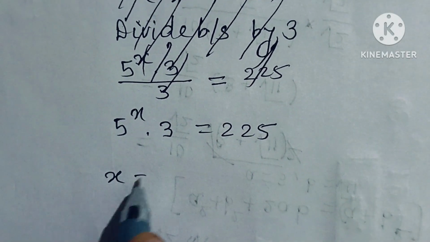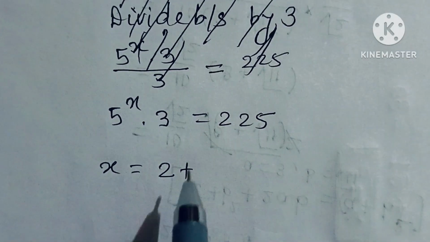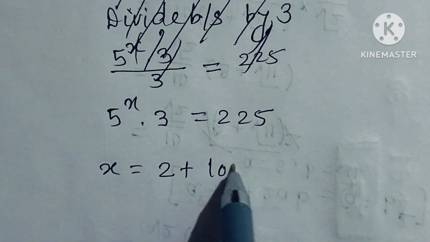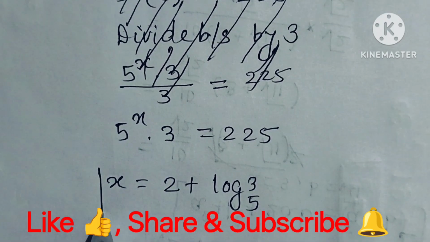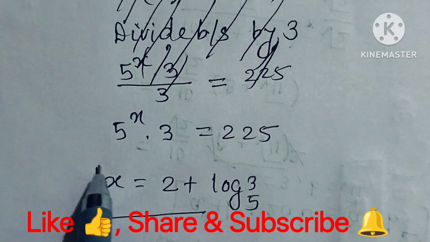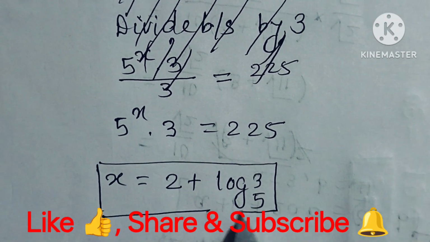Value of x, we have found, 2 plus log of 3 to the base 5. Now put this value in place of x and verify that LHS is equal to RHS.